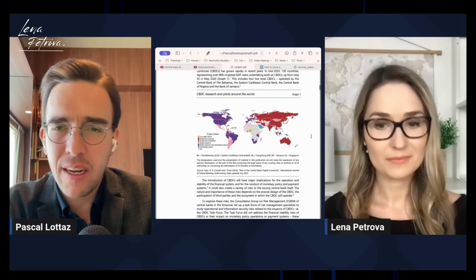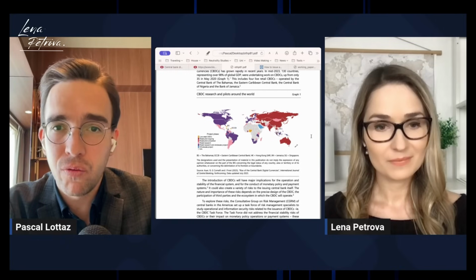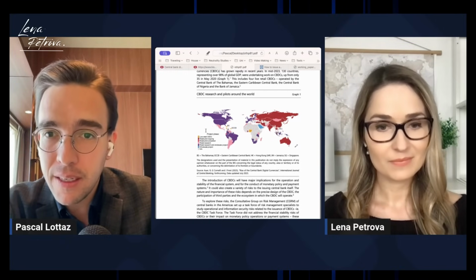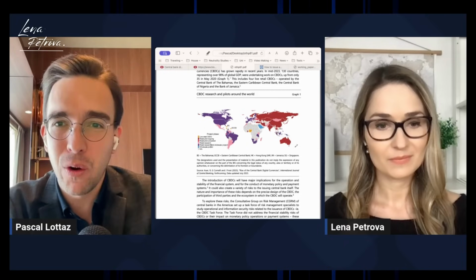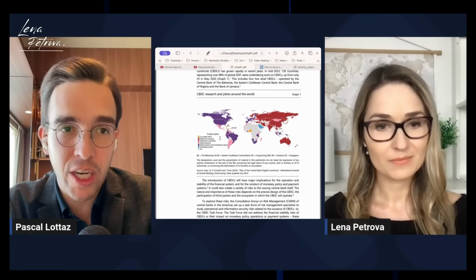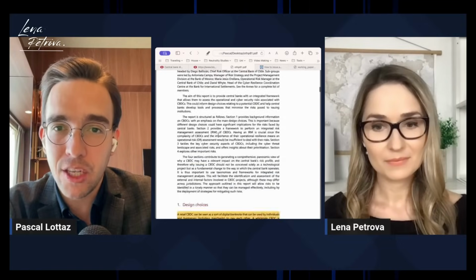Here they have a little world map that shows who is in what kind of research stage for doing a CBDC. You can see the US is in stage retail research and wholesale project. A lot of countries in the world have some form of projects of creating these CBDCs, but they're in very different stages.